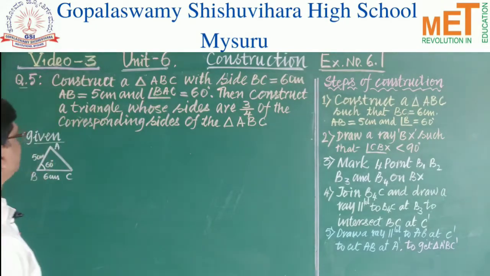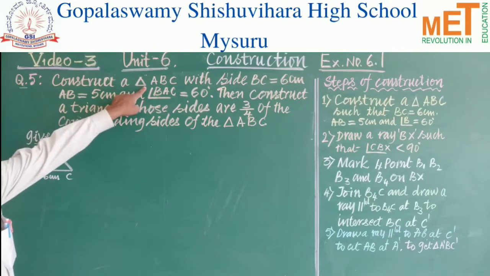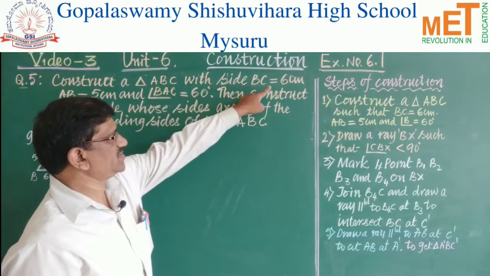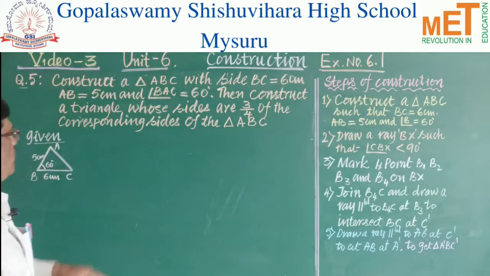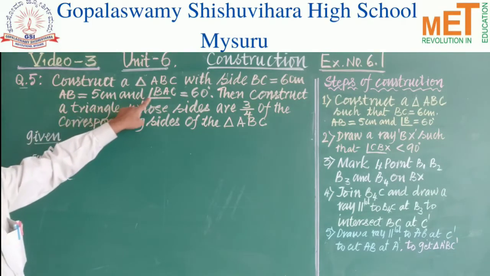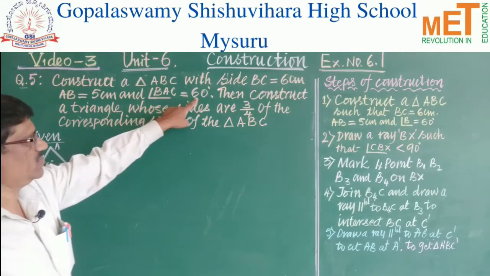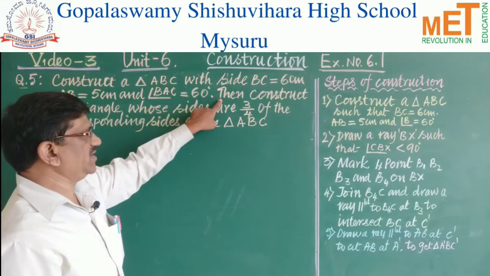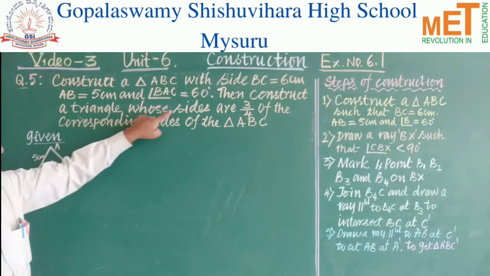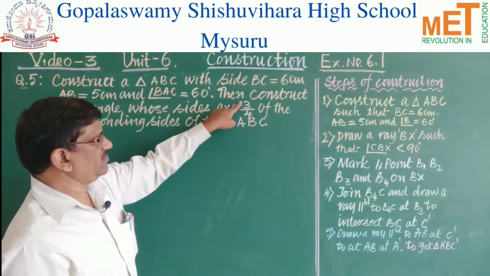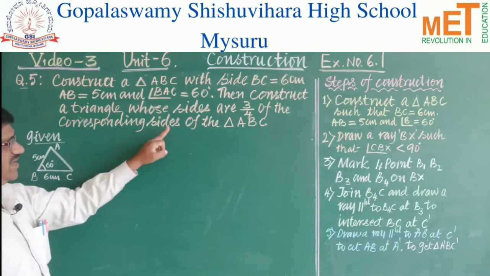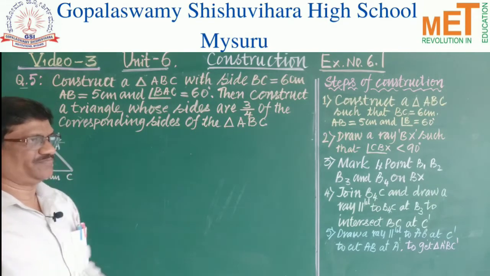You see here, construct a triangle ABC with sides BC equal to 6 centimeter, AB equals 5 centimeter, and angle BAC equals 60 degree. Then construct a triangle whose sides are 3/4 of the corresponding sides of the triangle.